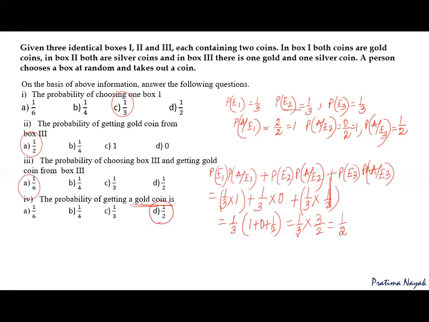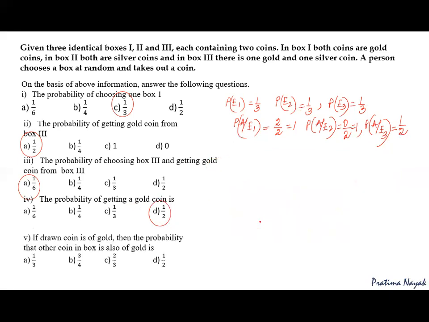Getting a gold coin. So this expression is the total probability for Bayes theorem. It is your sample space, we should keep in mind. Okay. It will be needed for the fifth part. What is the fifth part? The fifth part is, if the drawn coin is gold, then what is the probability that the other coin of the box is also gold?